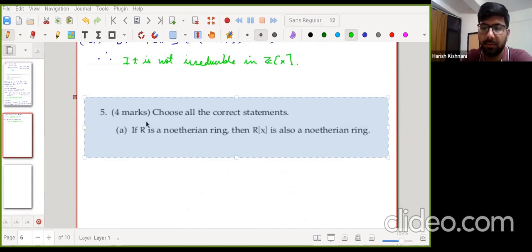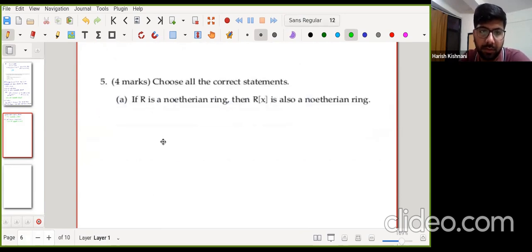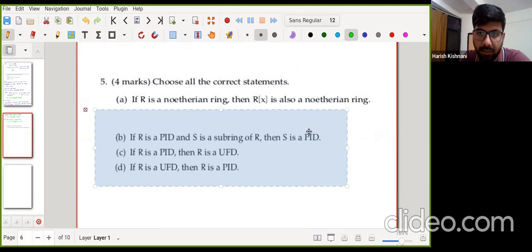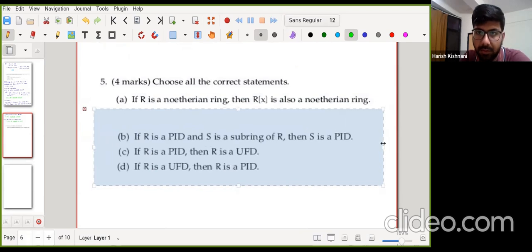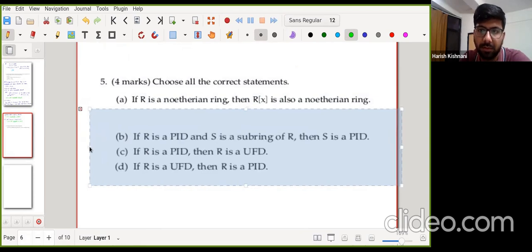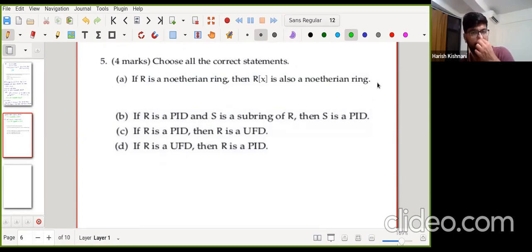So I'm just copying the other three options. Yes, it says choose all the correct statements. First one is: if R is a Noetherian ring, then R[x] is also a Noetherian ring.